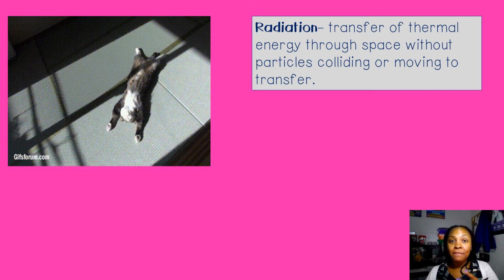That warm air isn't rising, that cool air isn't sinking. So it's not being transferred through conduction or convection. It's simply being passed on, it's being absorbed. So the cat is experiencing heat transfer through radiation, through waves. As it's sitting by the sun, it's getting warmer.